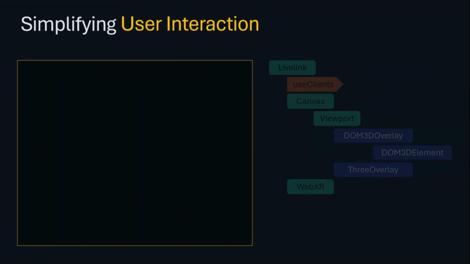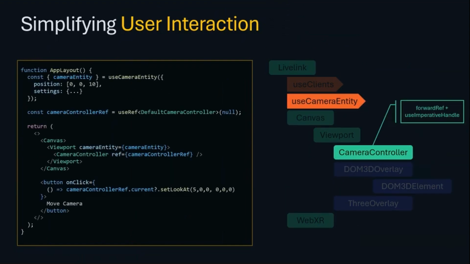Next up is how to simplify user interaction. In 3D, user interaction is mainly controlling the camera. So you have a camera, and that's how you interact with the 3D world. You move around, look around, that's it basically, and click stuff. For that, we introduced a hook called use camera entity that is able to either fetch an existing camera.